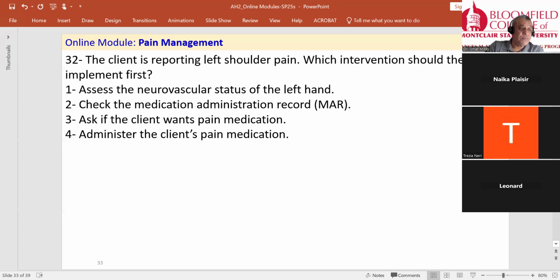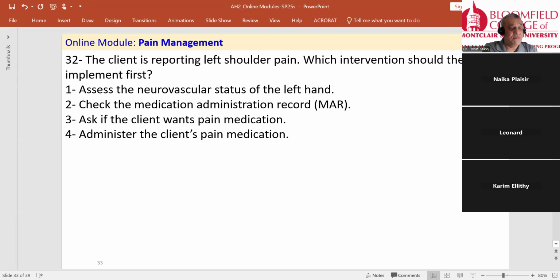32. The client is reporting left shoulder pain. Which intervention should the nurse implement first? So, left shoulder pain. Sometimes implementation includes assessment, by the way.